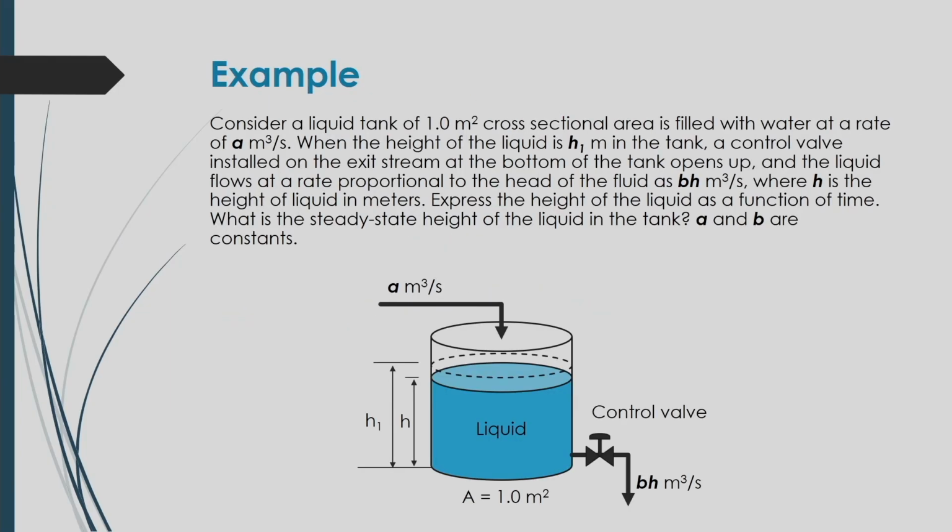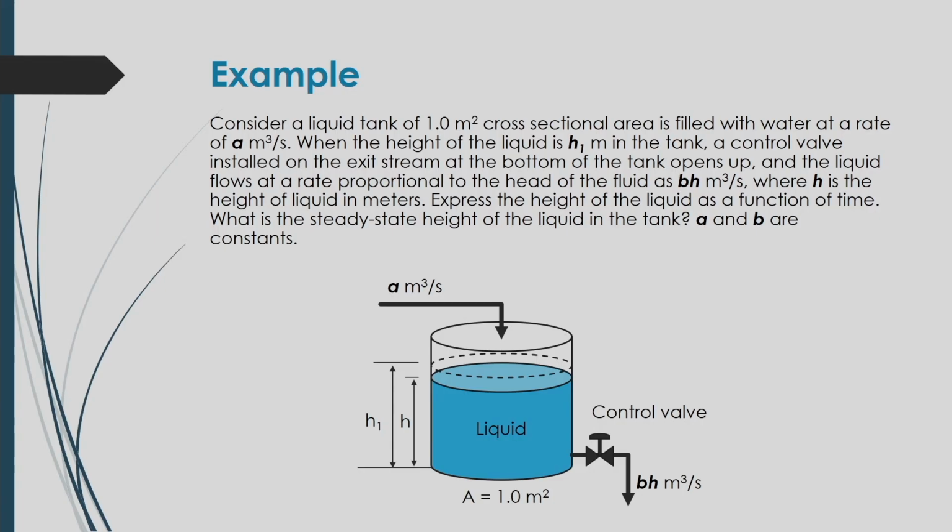Let us consider a liquid tank of 1.0 meter square cross sectional area, and it is filled with water at a rate of A meter cube per second. A is a certain amount, let us consider a general A meter cube per second.